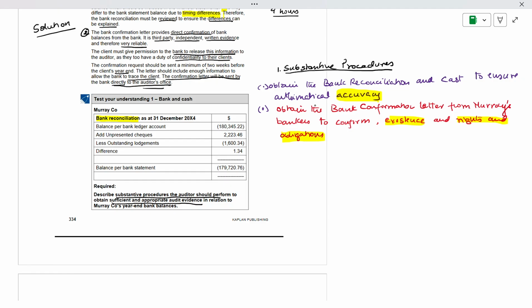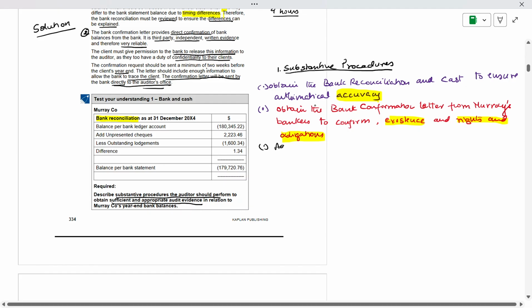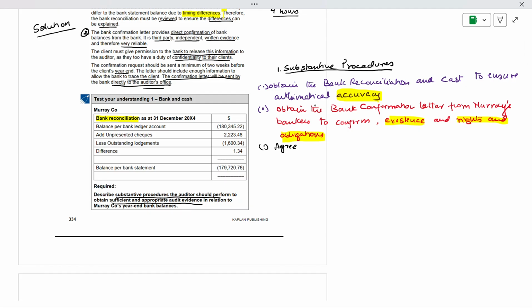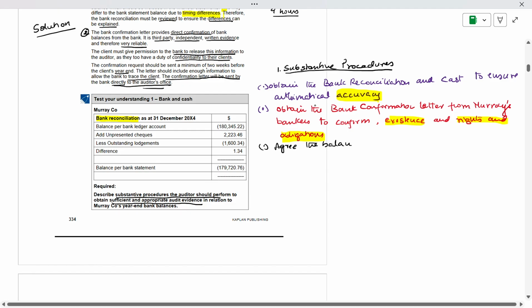What are the internal resources? You agree the balances as per the bank ledger account. Okay, a little bit of focus. Don't panic, it is a little bit tough.